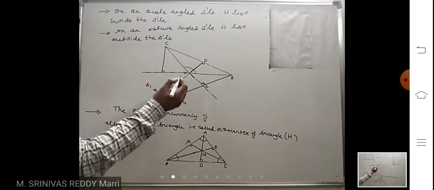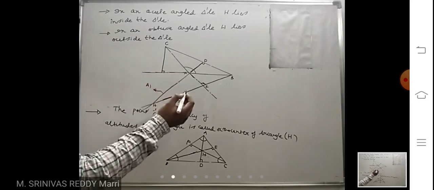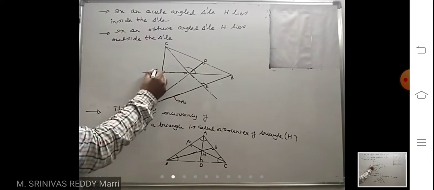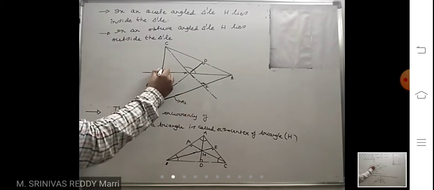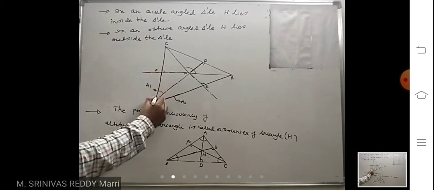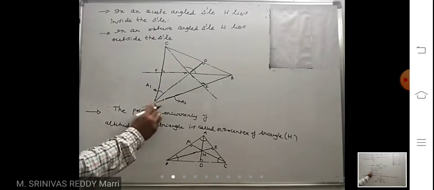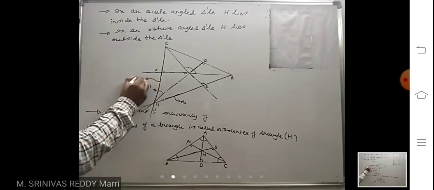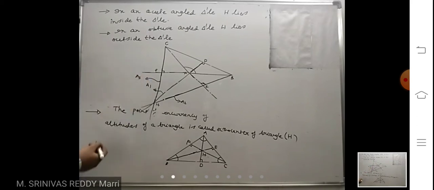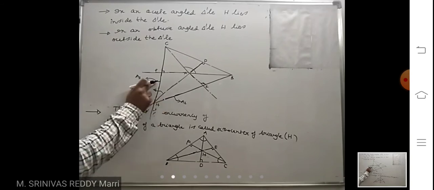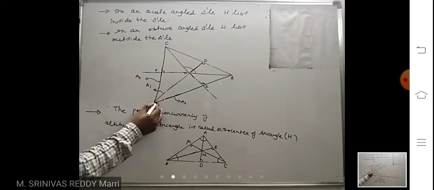This is CF, another altitude. Extend this, and if you extend this one, this line will pass through H. Look at, this is altitude 3. So altitude 1 is this one, altitude 2 is this one, altitude 3 is this one. Where are they meeting?